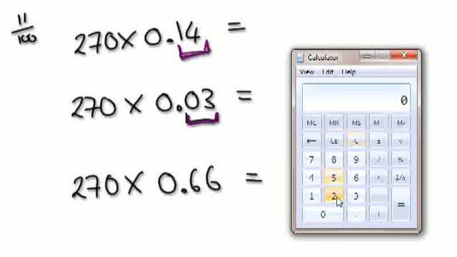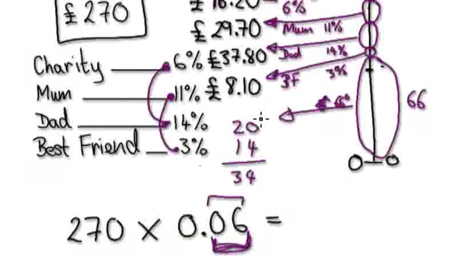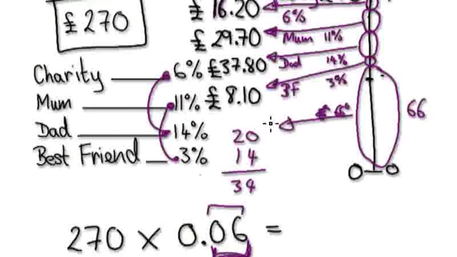Clear it. 270 times 0.66 equals 178.2. Let's stick a 0 in there. So that's how much is left for you.